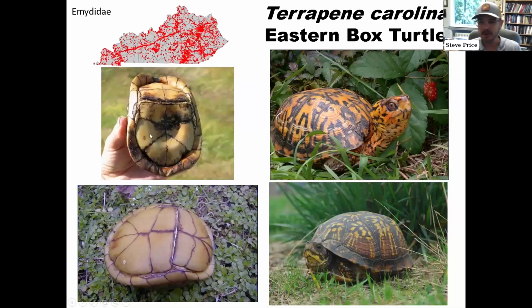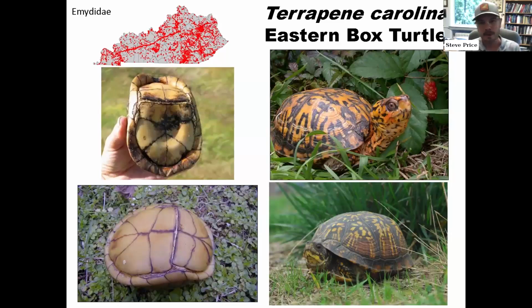If you look at their plastrons, the males have an indentation on the bottom of the shell, and the females are just flat. And if you look at the map of the eastern box turtle, it's found throughout Kentucky. You can see this line here, and you probably saw that on the slider map as well. That's the Western Kentucky Parkway, and that's where our state herpetologist has collected a lot of data on these turtles as they're crossing the road.